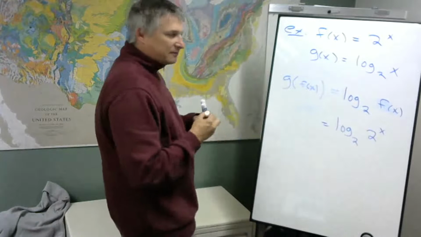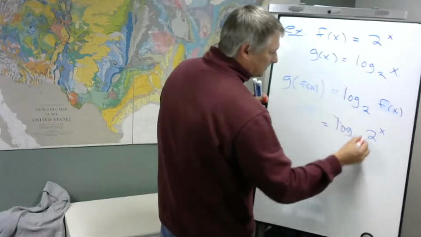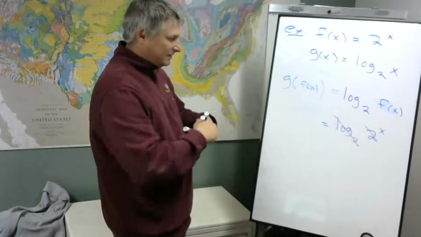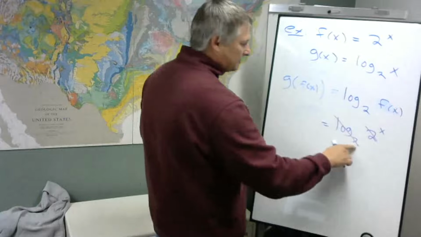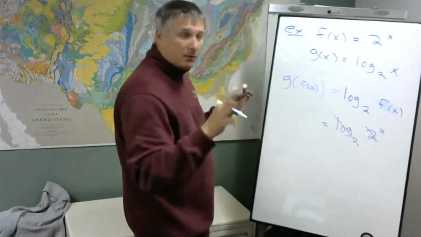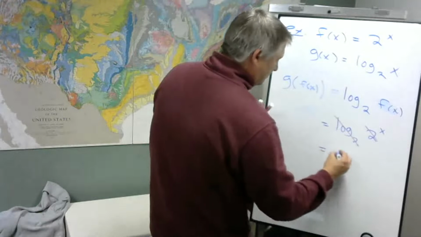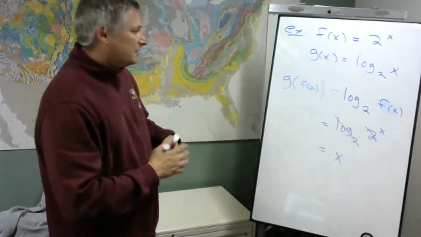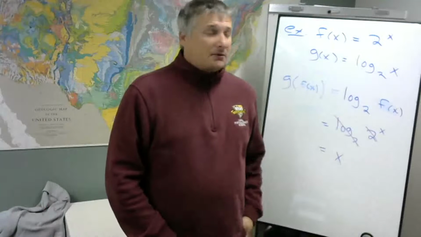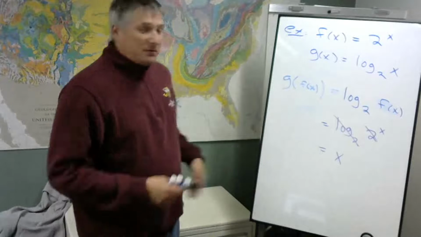And again, because they're inverses, everything needs to cancel, leaving an x. So when we see a log base 2 and an exponent base 2, they go away. And according to our rules with inverses, the composition should end in x. So this is what we get.